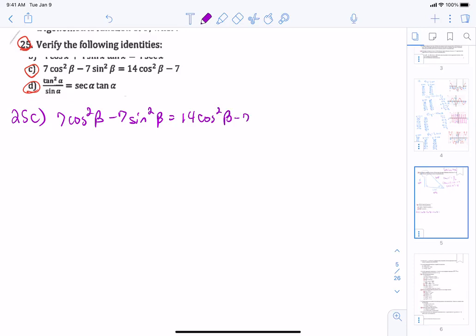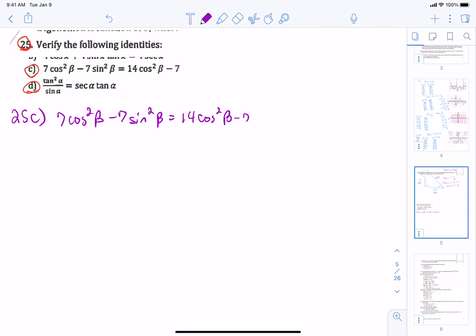What we're going to remember, what we're trying to accomplish: if you are to verify an identity, you are trying to get the sides to match. So we're going to hold one side and make the other side match up. Now, it really doesn't matter which you decide to hold and which you decide to change.